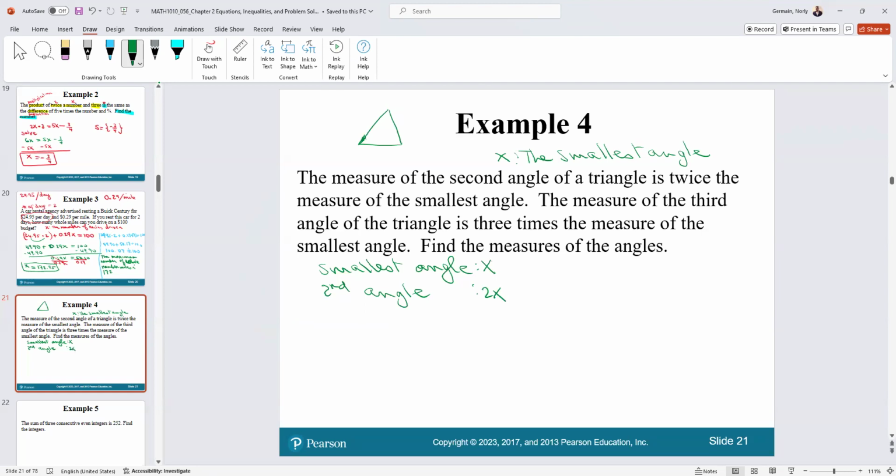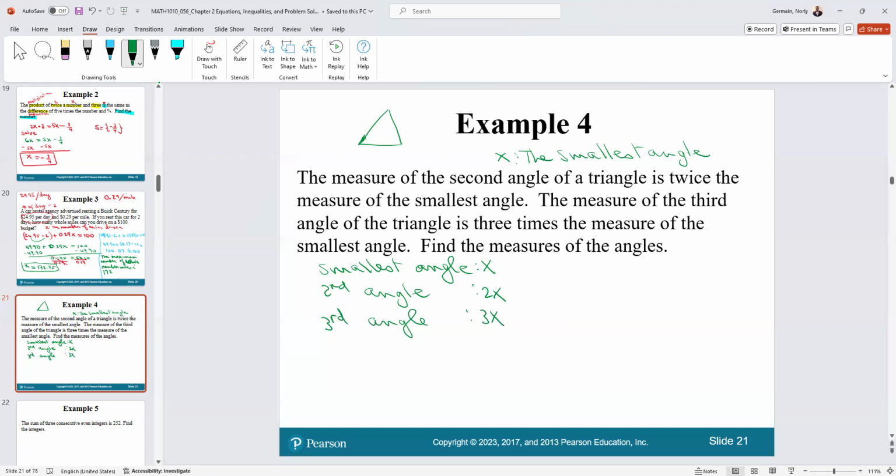And the measure of the third angle? What is the measure of the third angle? The measure of the third angle is 3 times the measure of the smallest angle, 3 times x. Find the measures of the angles.